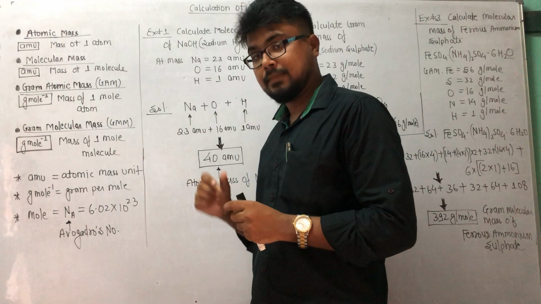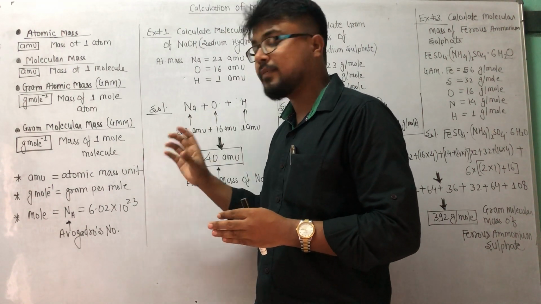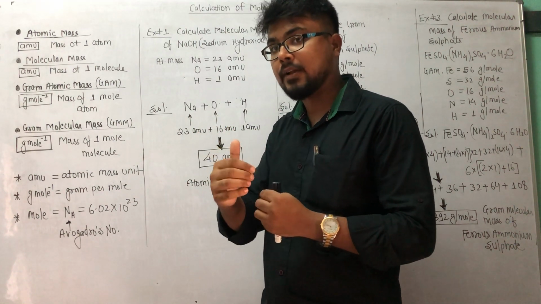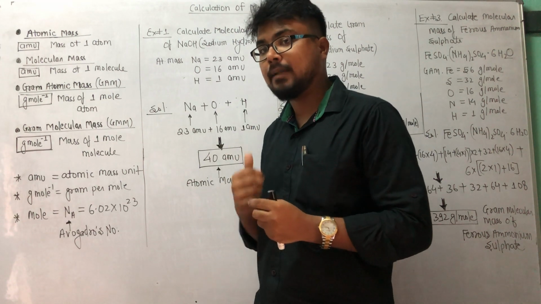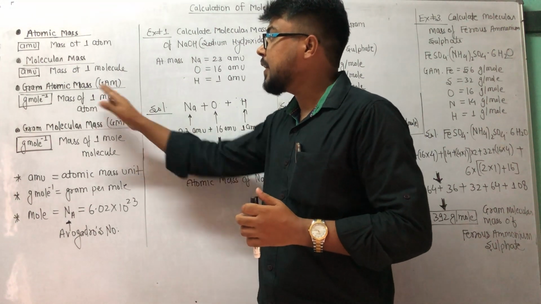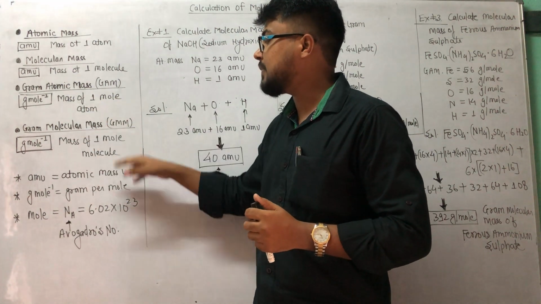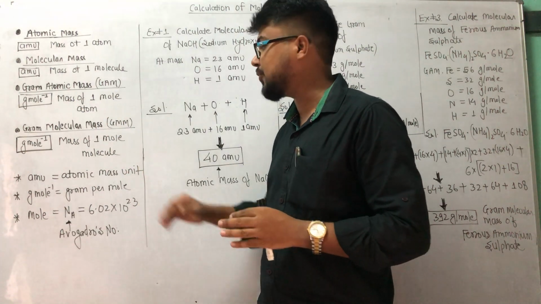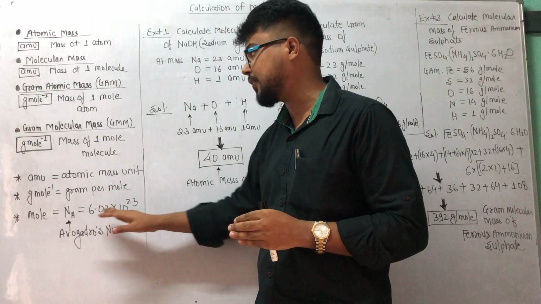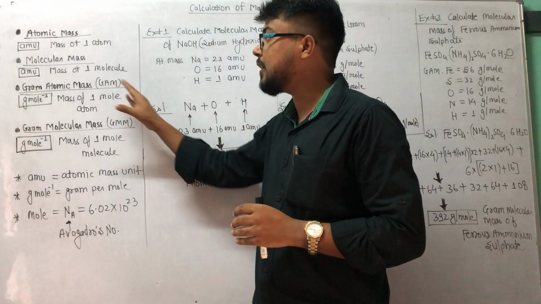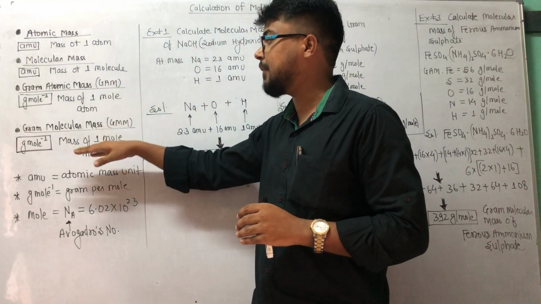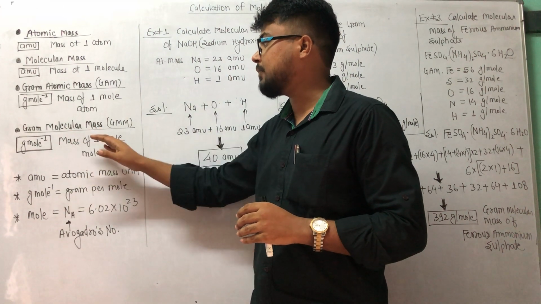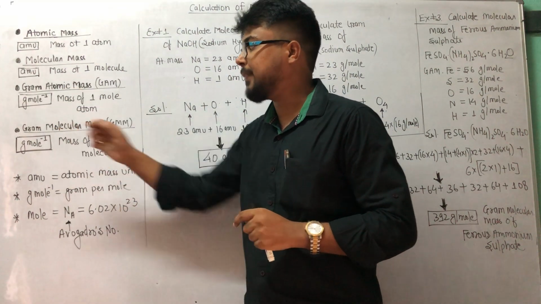Today we will discuss only how to calculate molecular mass with the help of atomic mass. Gram atomic mass and gram molecular mass are the mass of one mole of atoms and the mass of one mole of molecules. One mole equals 6.02 × 10 to the power 23. The unit of gram atomic mass, GAM, and gram molecular mass, GMM, is gram per mole.